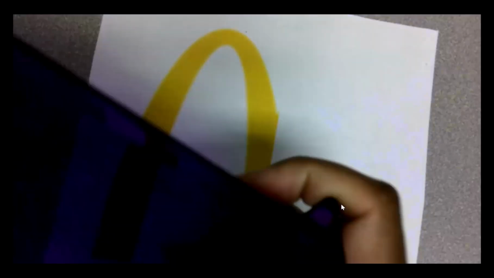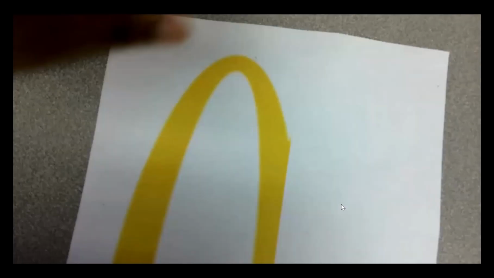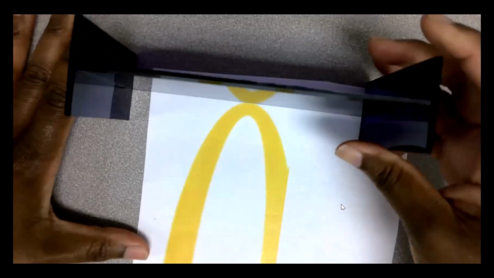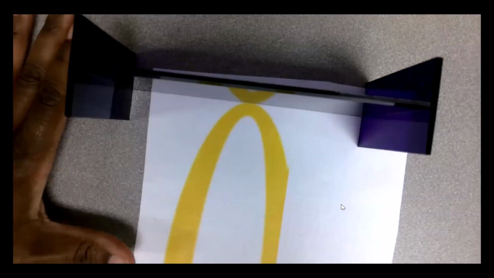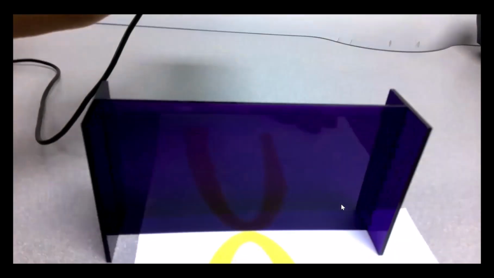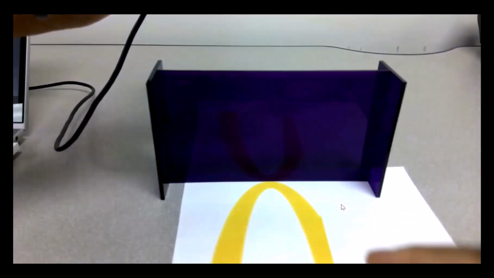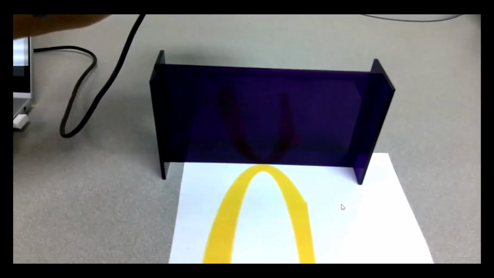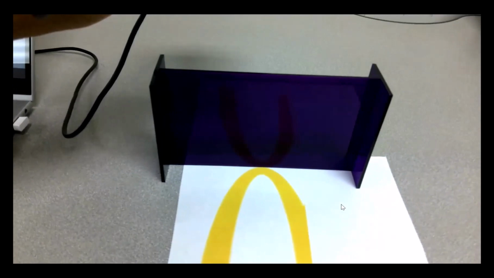You may also have a student who might say, oh, well, I can take and put the mirror right here, and I'm going to see if I can show you something. Look what happens. There's another arch that appears on the other side. But remember, we were trying to find symmetry in the original picture, right?